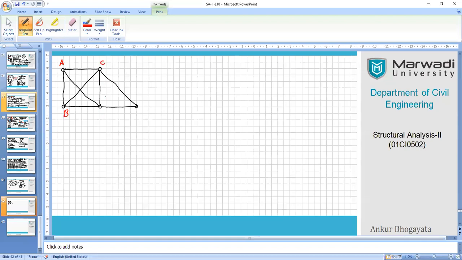Again, it's a kind of solved numerical from your reference, which you can refer to later also if you have that source. Otherwise, you can refer to this work, which we are carrying out right now, for a better understanding of how we can strengthen our concepts. Sorry, it's not a hinge here, it's a continuous fixed edge, fixed throughout.